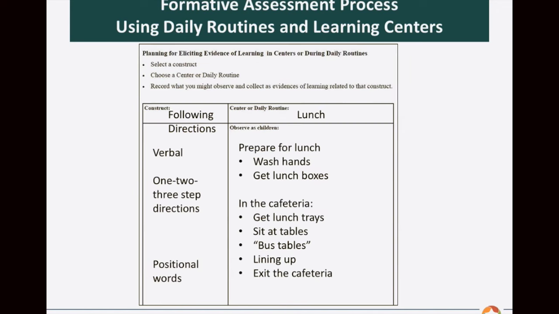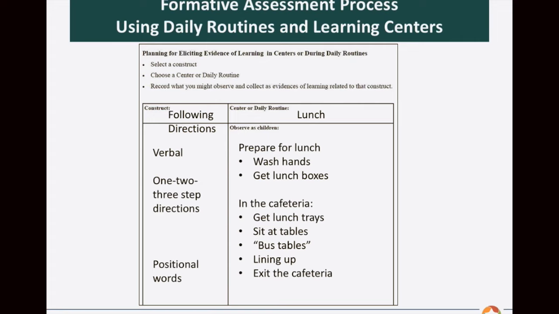For example, you might decide you want to start with the following directions construct, and you choose to observe for those skills during a lunchtime routine. And you decide to look for following 1, 2, or 3-step directions, verbal expression of children, and their use of positional words.